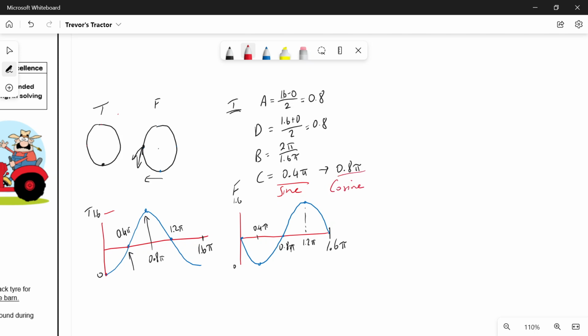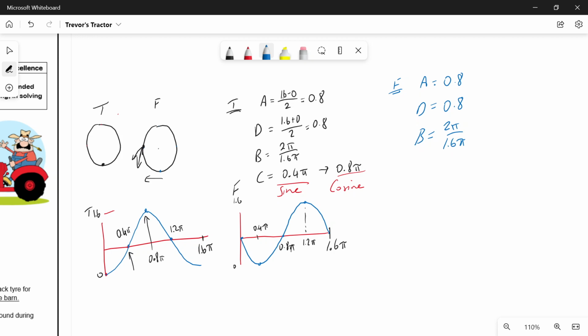Right? And then let's do Fred's. Fred's is going to be A is the same because it's the same height. D is the same. The period is 2 pi on 1.6. So that's the frequency. The period is the same also.